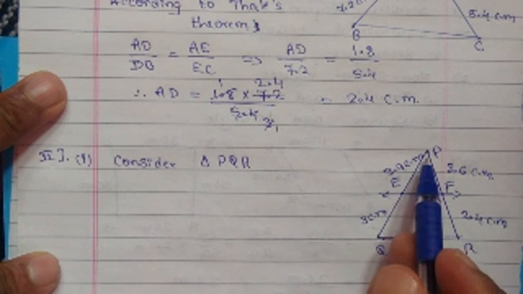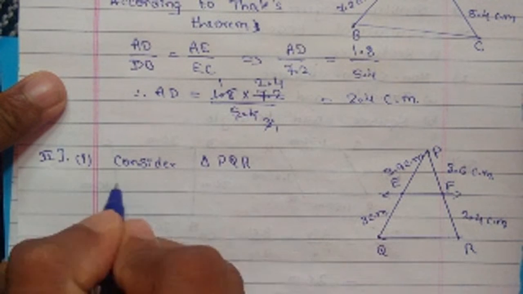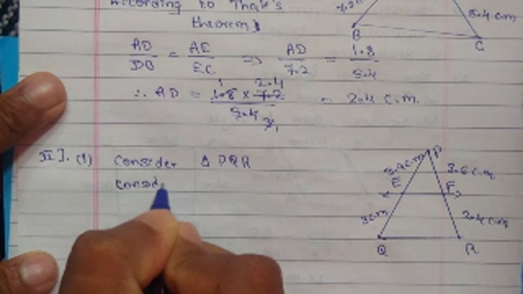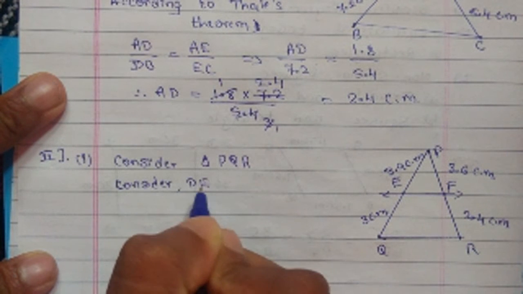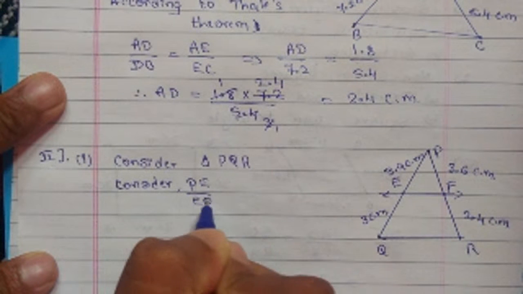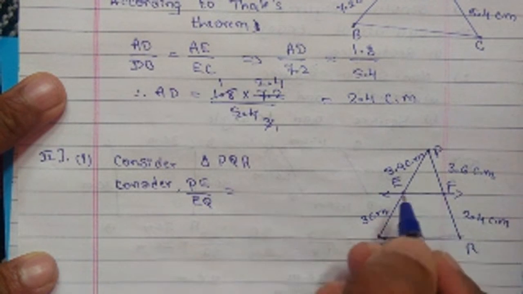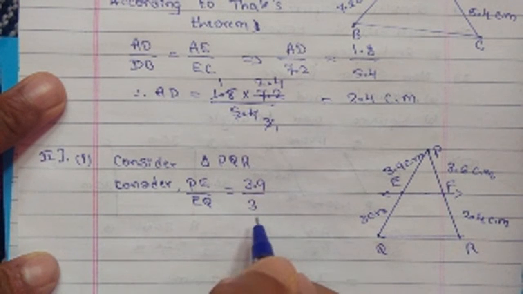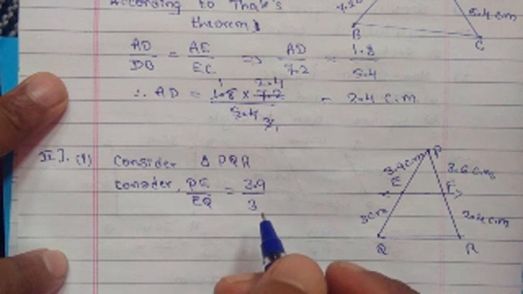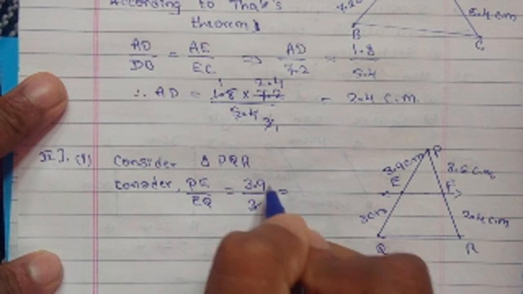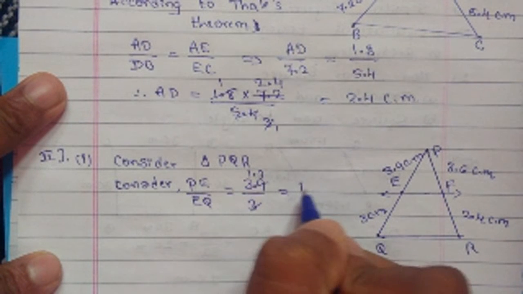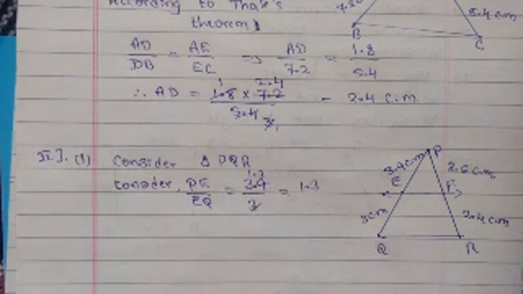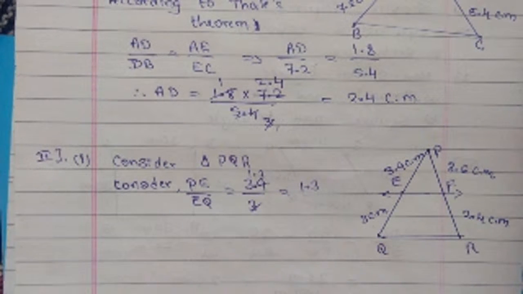First I will consider PE divided by EQ. PE value is 3.9 centimeter divided by EQ value 3, and the total value becomes 1.3. The centimeter gets cancelled, therefore the ratio does not have any SI units.